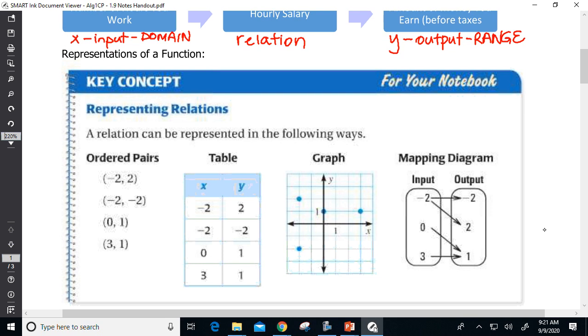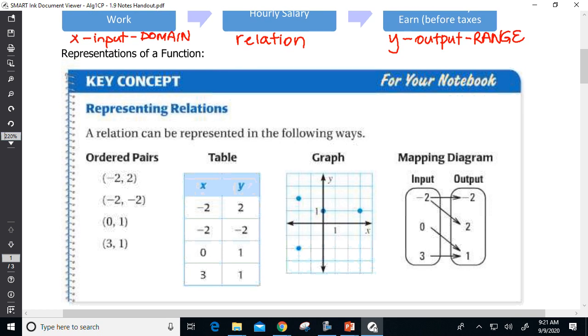So, there are 4 ways to represent a function. The first way we did last week, that's with ordered pairs. Writing it as an ordered pair. You can also put them in a table. So, those 4 points, there they are in the table. You can also put them in a graph by plotting the points.